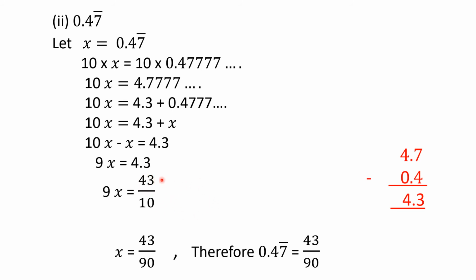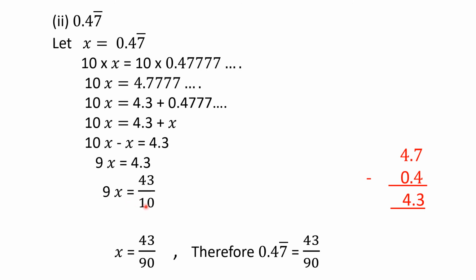So therefore 4.3 has to be converted into an integer. 4.3 is not an integer, right? So 4.3 has to be converted into an integer. For that, I've shown you the method. Since there's one decimal place, since there's one number after the decimal point, we take 10 below, right? So 43 by 10. So 4.3 can be written as 43 by 10.